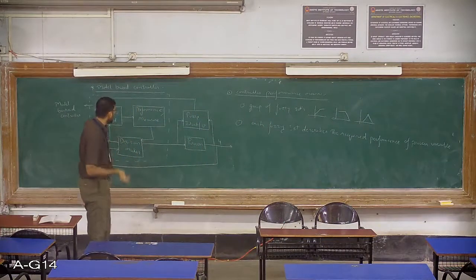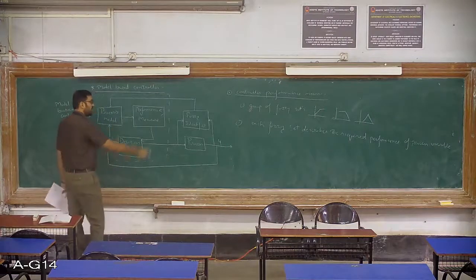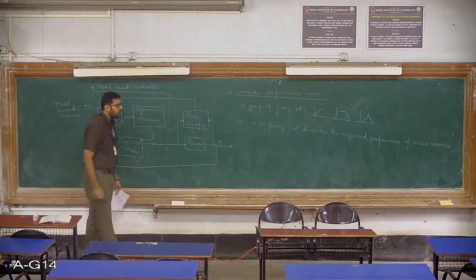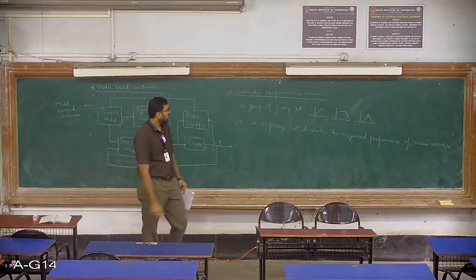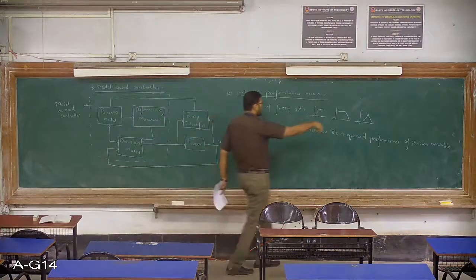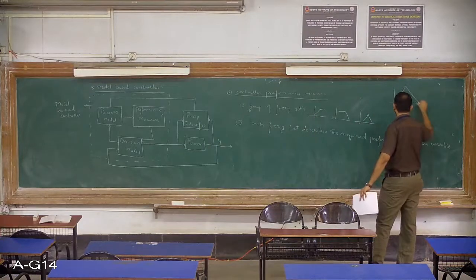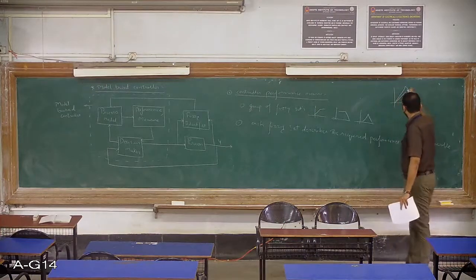For example, let us say the process output has given a certain output, depending upon the situation. Now this will be fed to the performance measure block. What exactly will it do? The performance measure block has n number of fuzzy sets, let us say. So this will compare it with the standard one. Let us say this is the standard, but the actual one we have received is this.